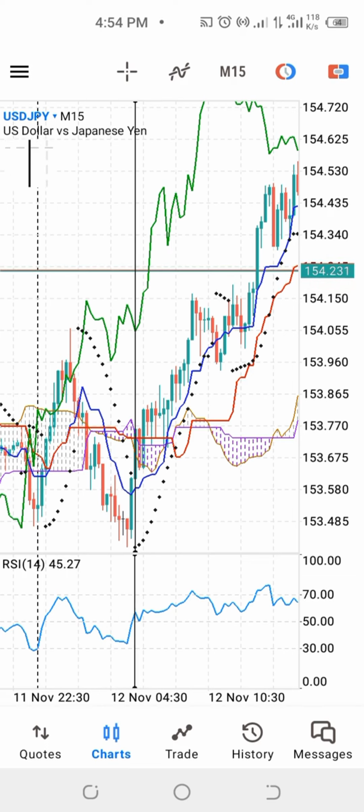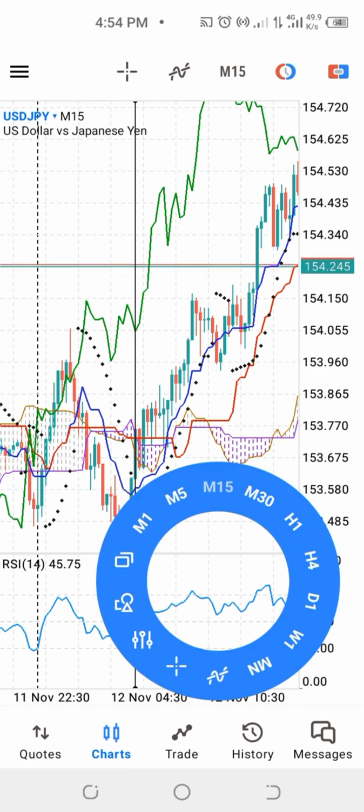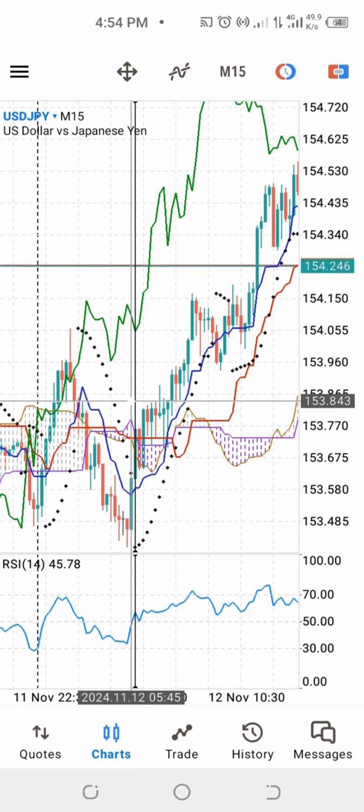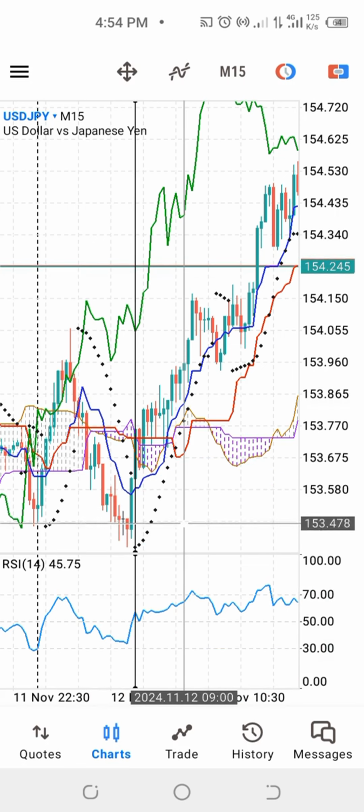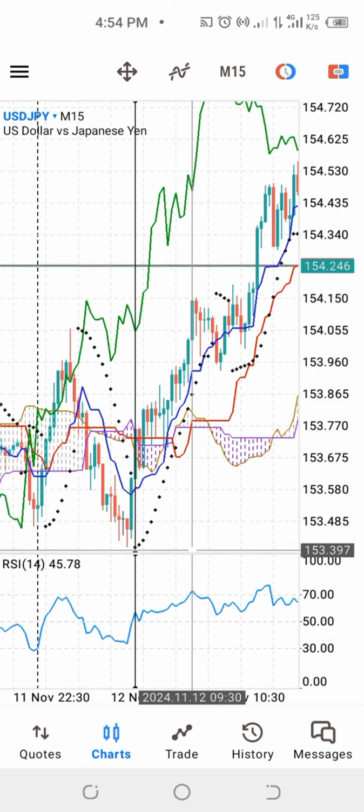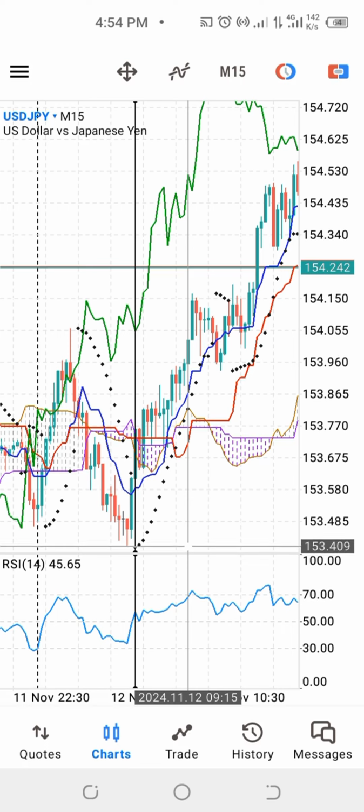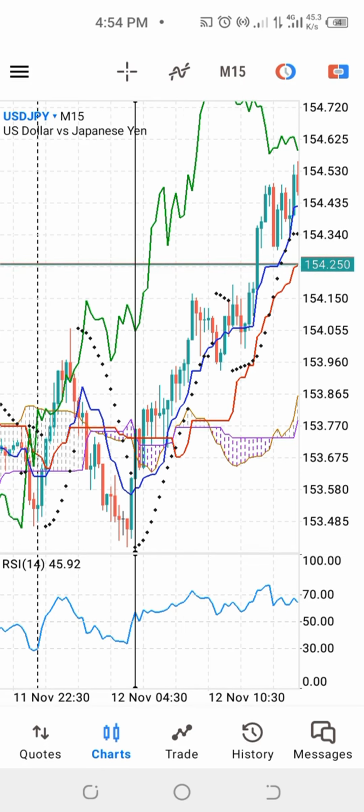At that point you wait for the first dot on the parabolic SAR to start coming out, and as soon as it comes out, you place your stop loss just below the price.